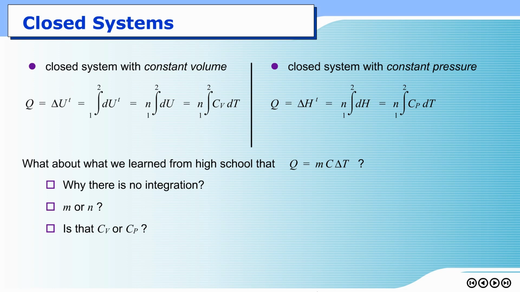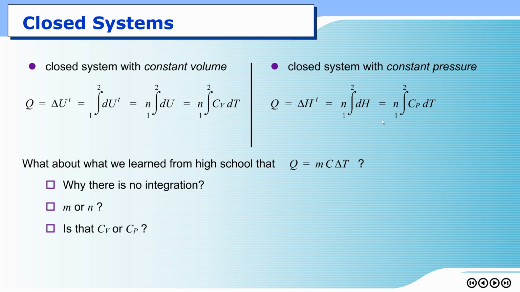That means you may have changes in both volume and pressure at the same time. That would be a calculation in the middle of these two extremes. But just for simplicity, we consider the two extremes first.